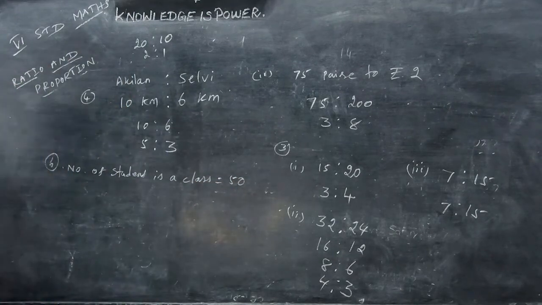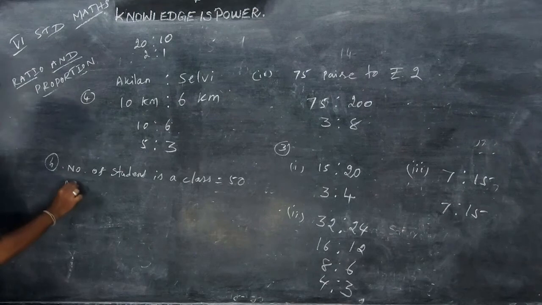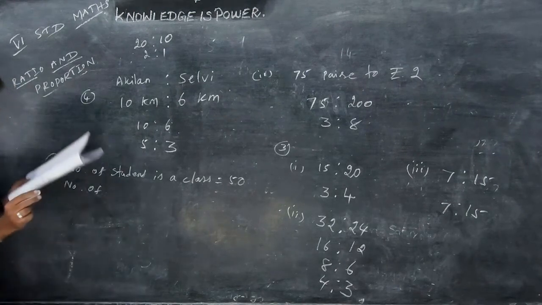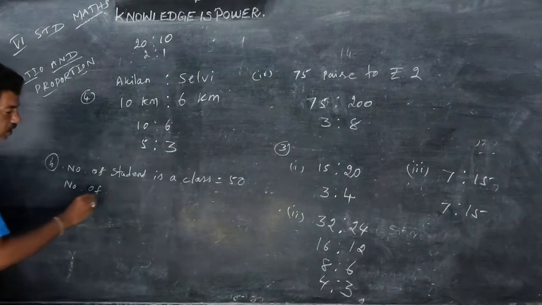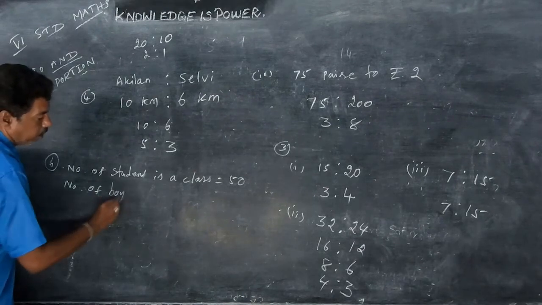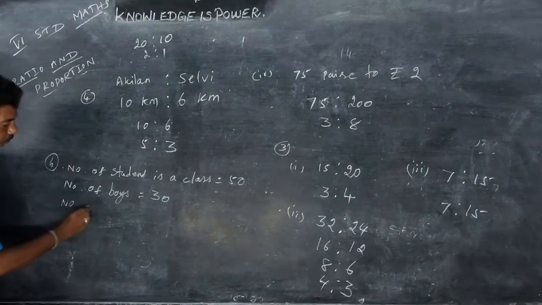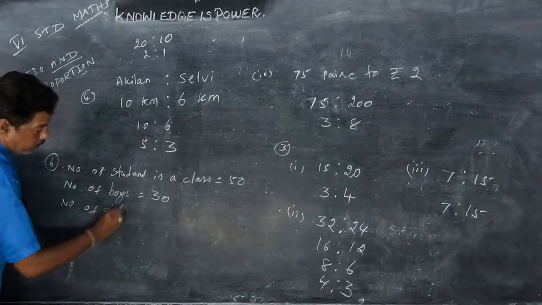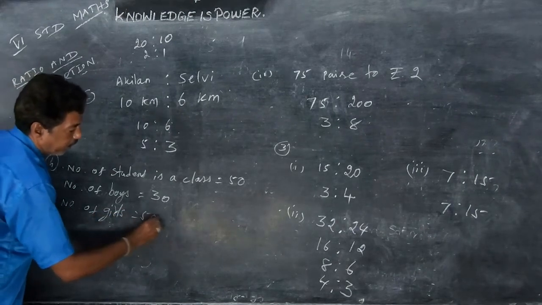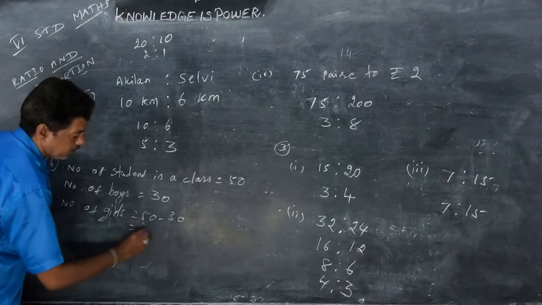Number of boys is given as 30. Then the number of girls equals 50 minus 30, equal to 20.